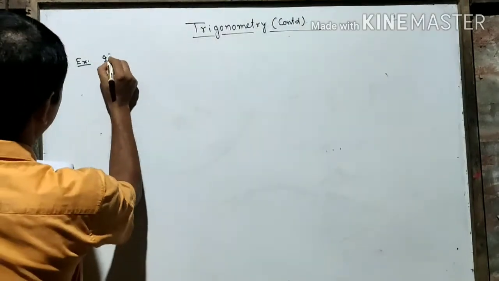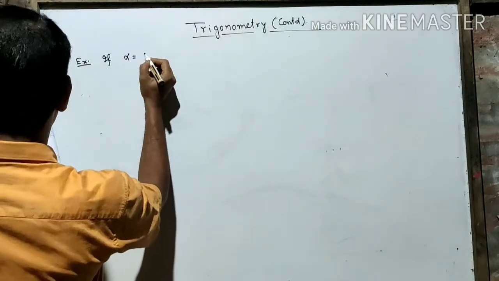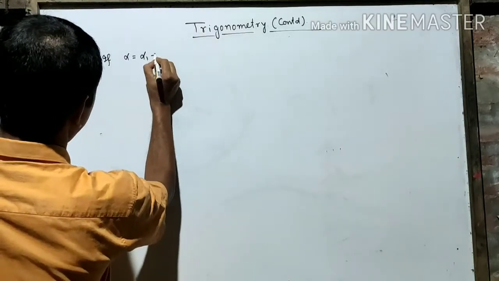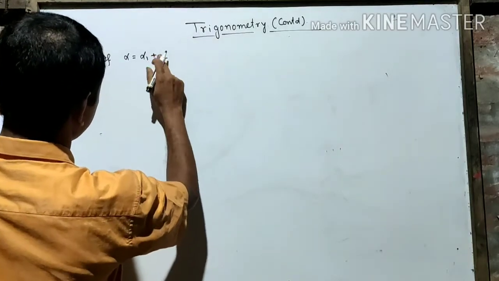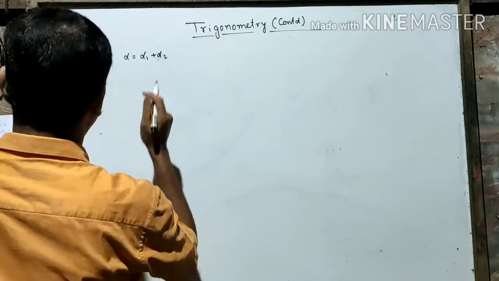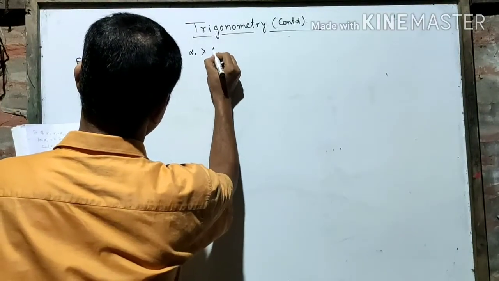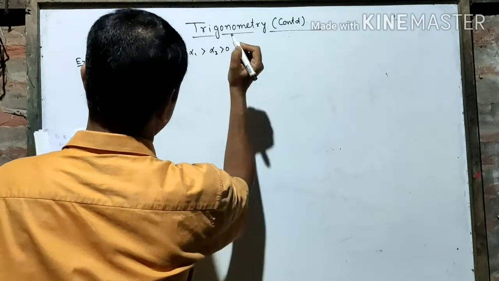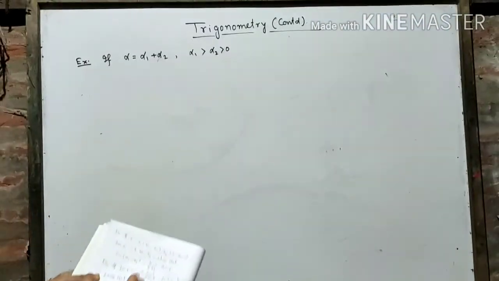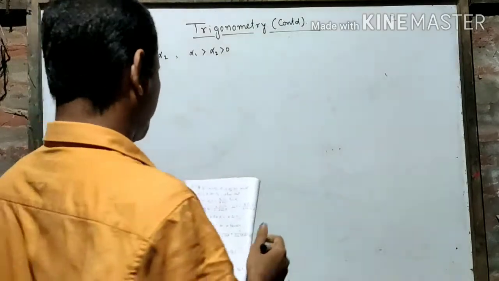if alpha is equal to alpha 1 plus alpha 2, where alpha 1 is greater than alpha 2 is greater than 0. That means both are positive and alpha 1 is greater than alpha 2.